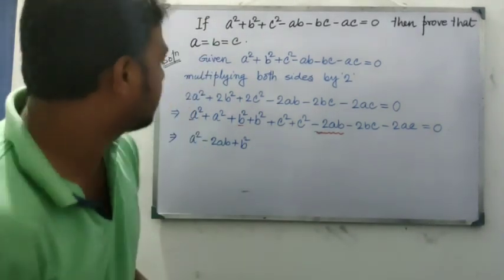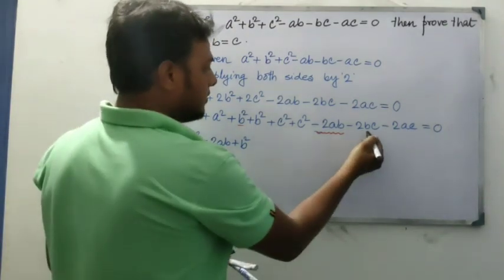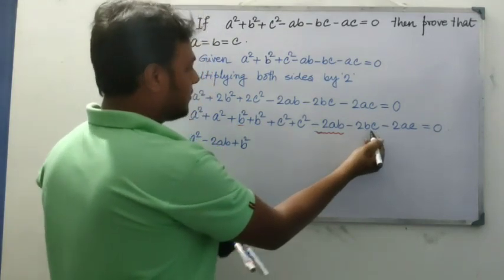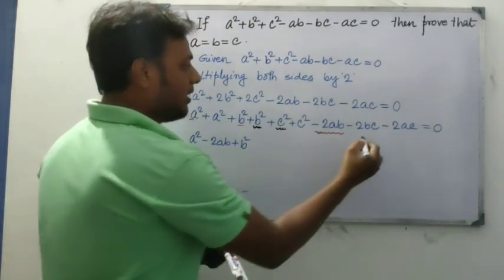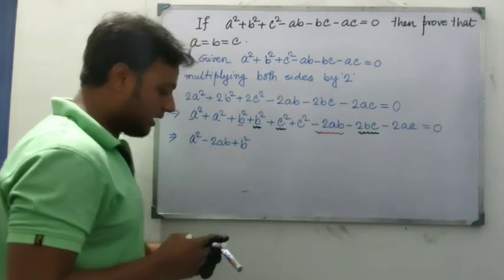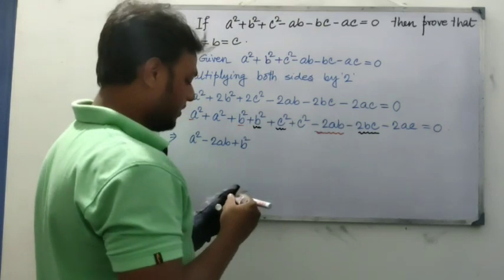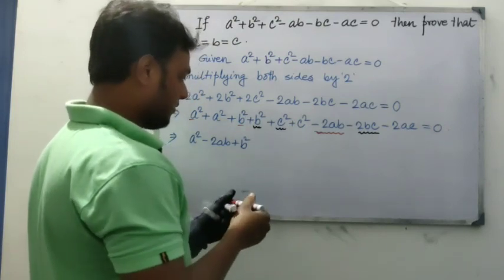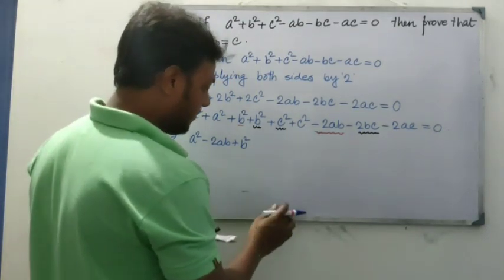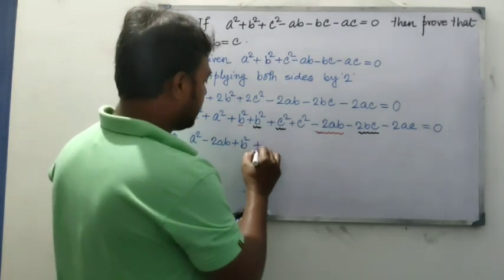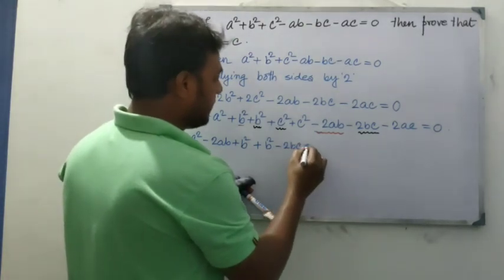Next, we will make the group for 2bc. For 2bc we need b square plus c square. So I am considering this b square and this c square, and with 2bc. Next I am making the group with the black colors. Then it will be plus b square minus 2bc plus c square.